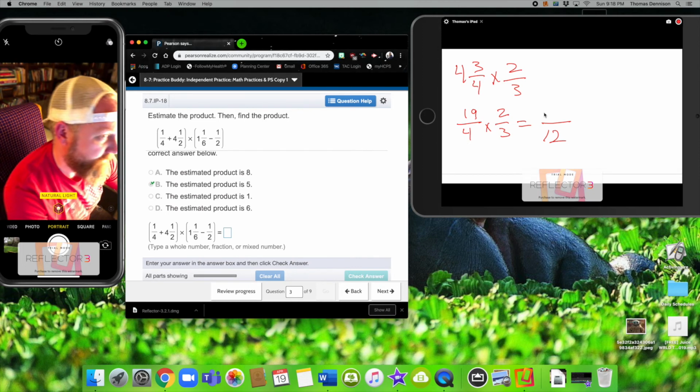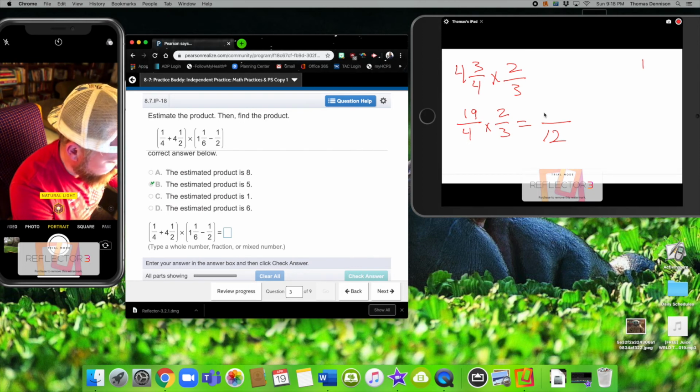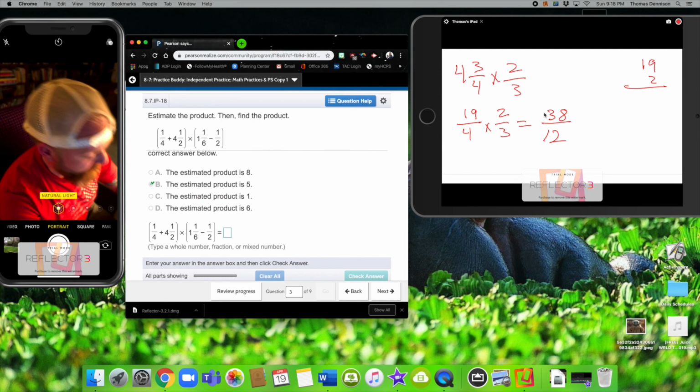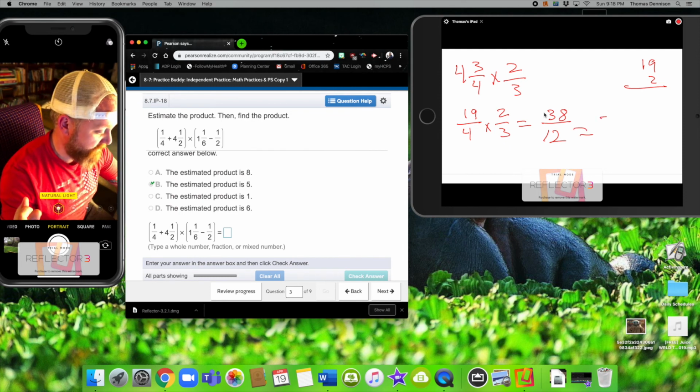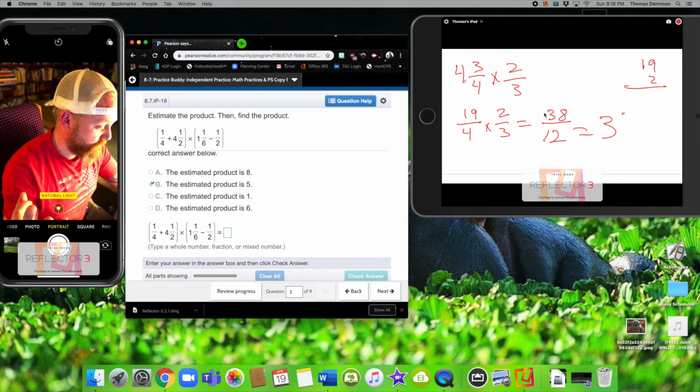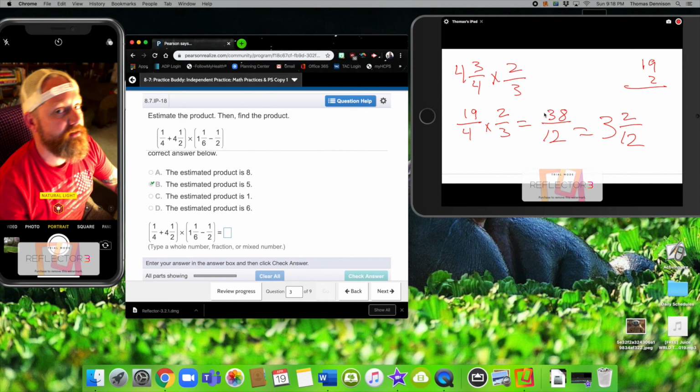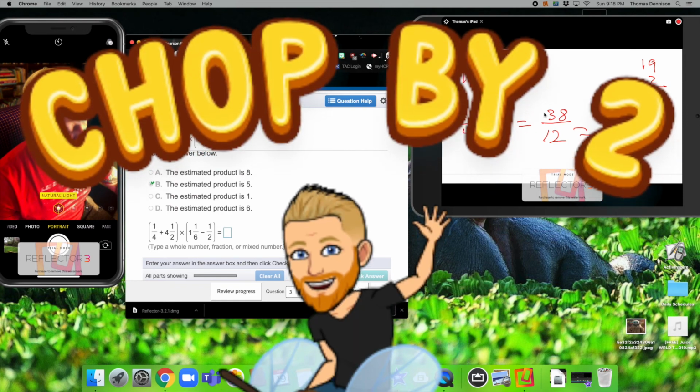Is that 38? Doing that in my head. Oh, bam, it's 38. All right, and I can simplify this. I know my 12 facts, 12, 24, 36. So that is 3. There's 2 left over. 3 and 2/12. Both of those are even. That tells me I can chop them with 2.